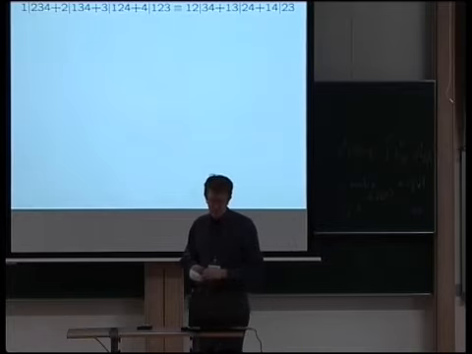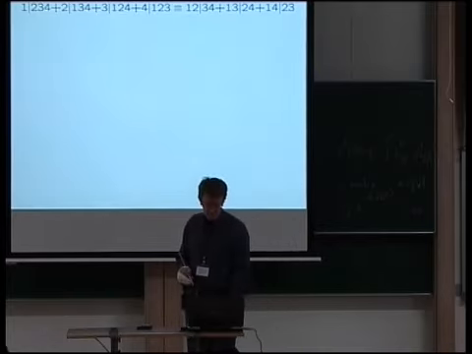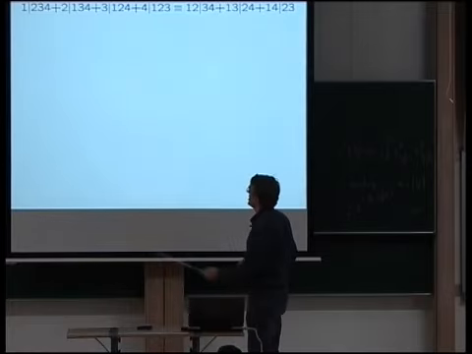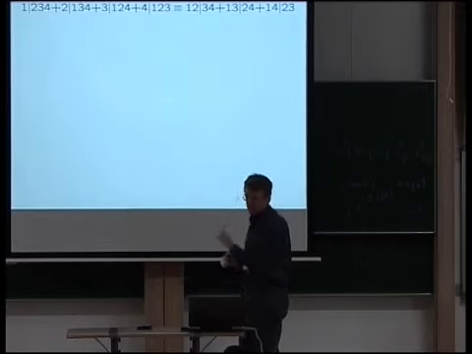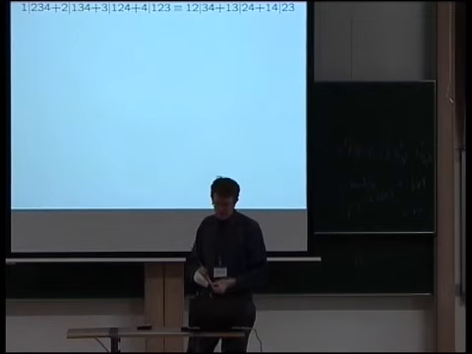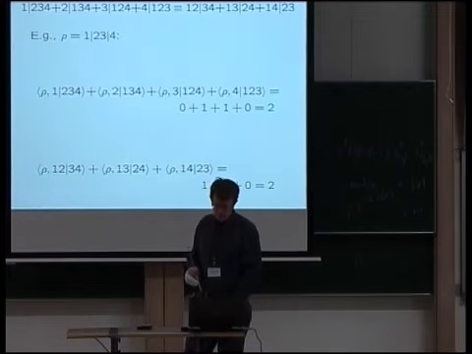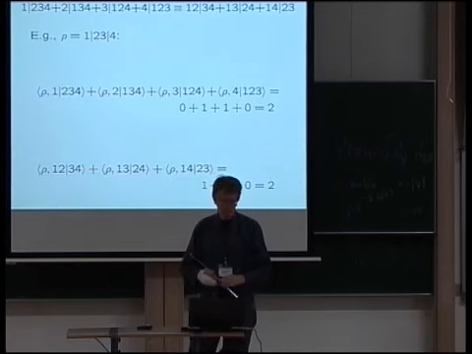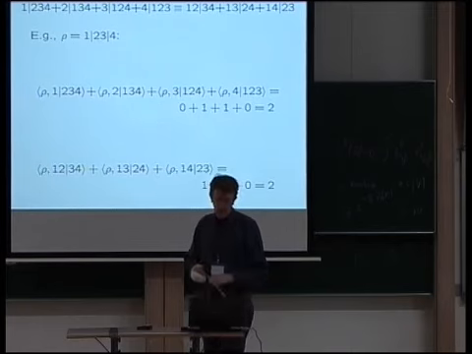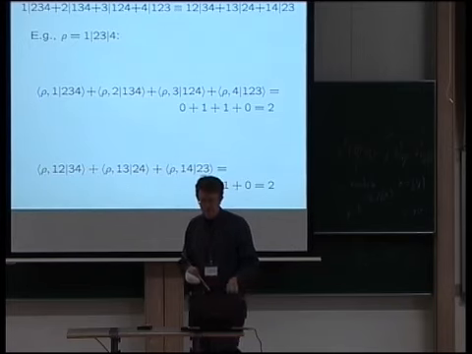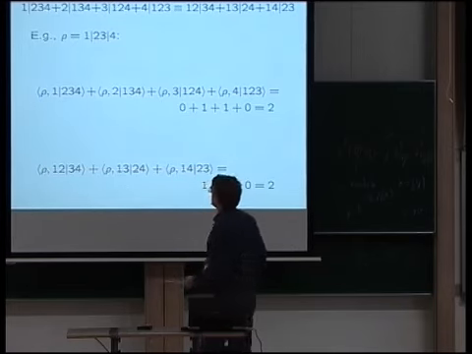All right. So anyway, I'm going to say that this linear combination of partitions is equivalent to that linear combination of partitions. And what I mean by this equivalence is that if you take any partition, for example rho, and you take the inner product between rho and the left-hand side, well, we could just work it out.